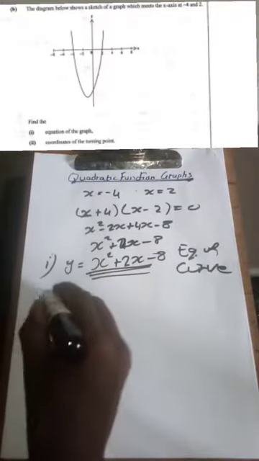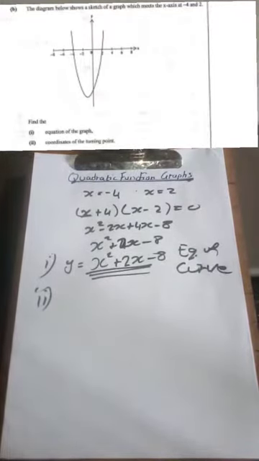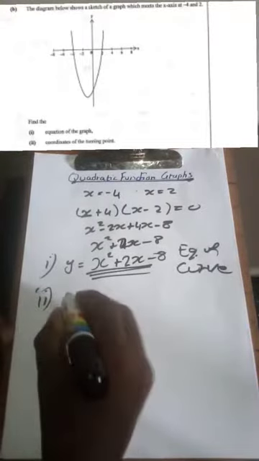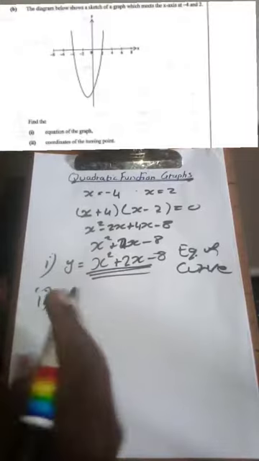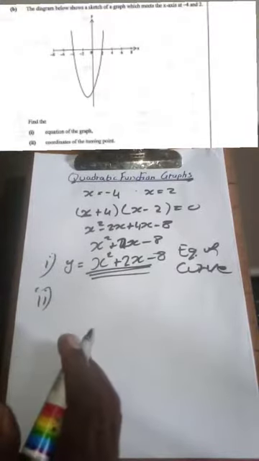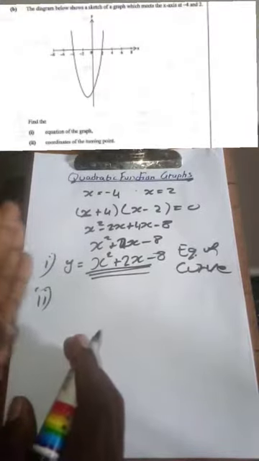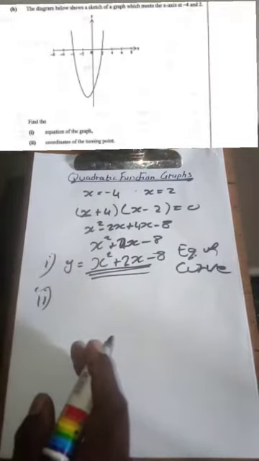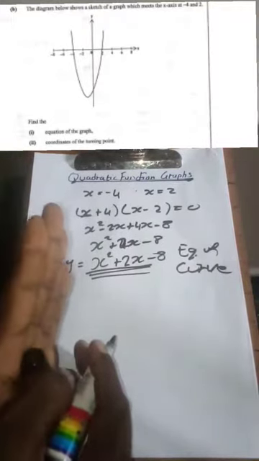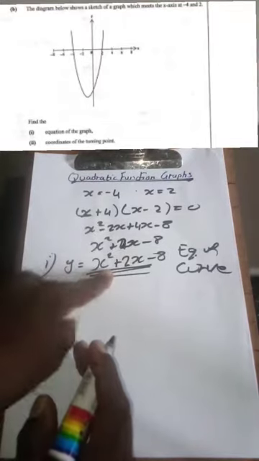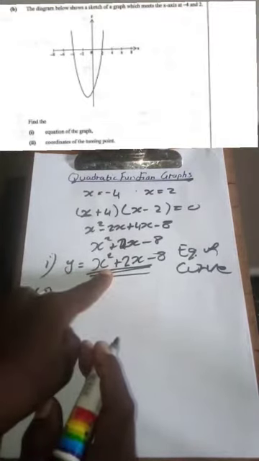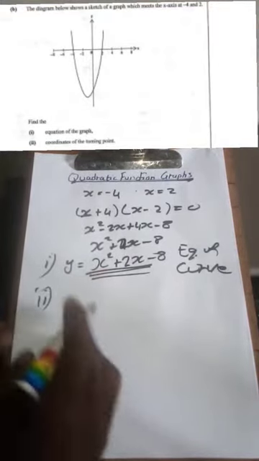Then the second question, we are being asked to find the coordinates of the turning point. There are two ways in which you can find the coordinates of the turning point. There is a way in which you use the comprehensive formula that gives you the value of x and the value of y at once, and another one where you only find the value of x, then replace it in the main equation, and it's going to give you the value of y.